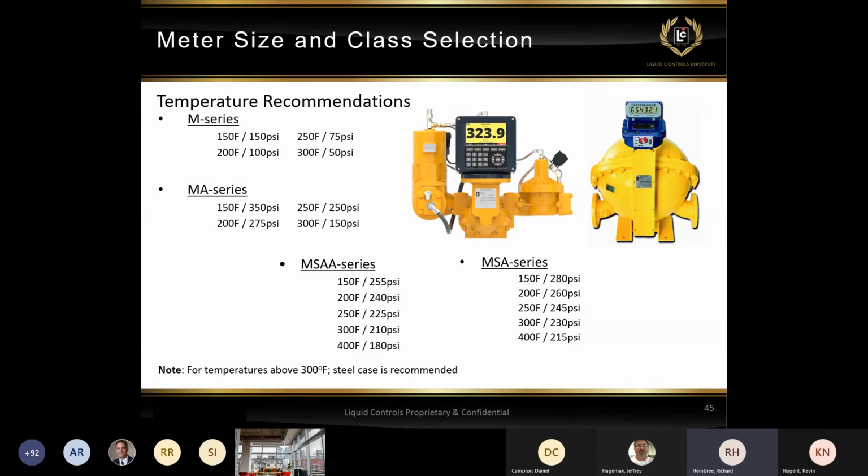So once you increase that temperature, you need to look at the pressure ratings. The MA series, same thing here, 150 degrees at 350 psi, and as the temperature increases, the pressure rating decreases. And same with the MSAA meter as well. For temperatures above 300, we recommend using the steel case meter.